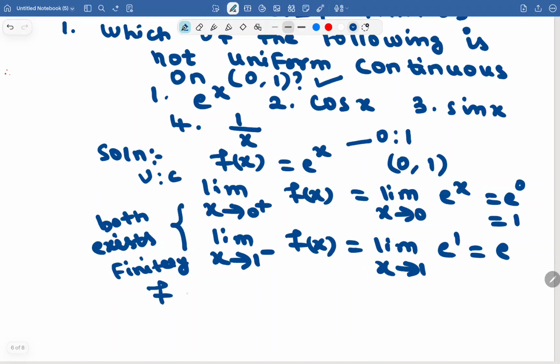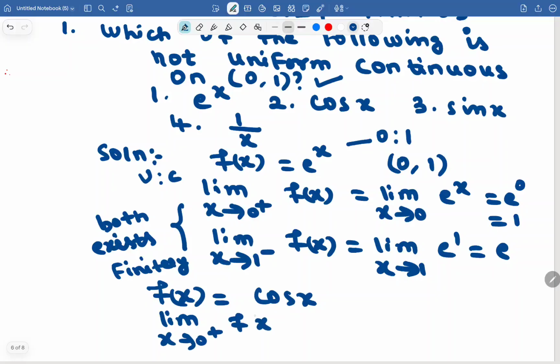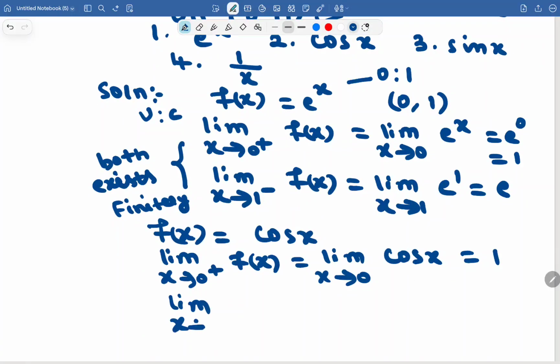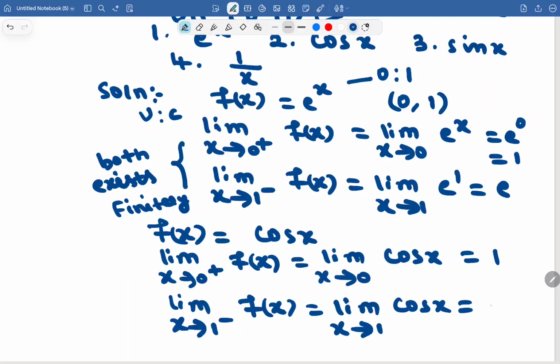Similarly, for the second option, f(x) is cos x. In the same manner, find the limit as x tends to 0 plus of f(x), which is the limit as x tends to 0 of cos x, cos 0, which is 1. The limit as x tends to 1 minus of f(x), where f(x) is cos x, cos 1 exists.